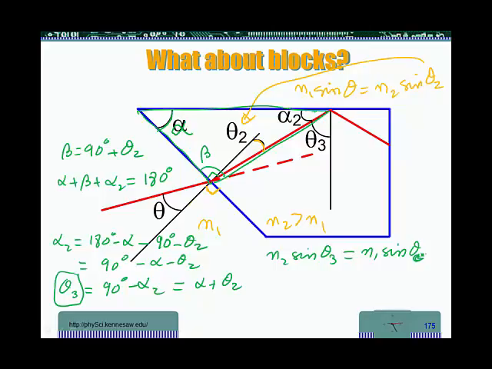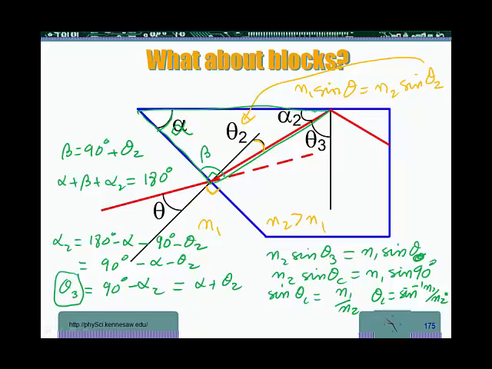Now, to find the critical angle, I'm going to replace theta sub 3 by theta sub c, and that should be equal to N1 sine 90 degrees. So sine of theta sub c is going to be equal to N1 over N2, and theta sub c is just sine inverse of N1 over N2.